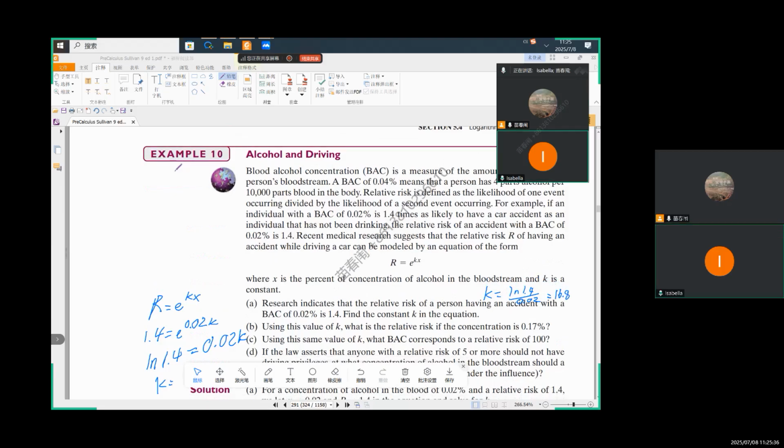I guess when you divide it by a decimal. Oh, that's why this kind of test is important, I guess. You really increase the risk, even with a little change.